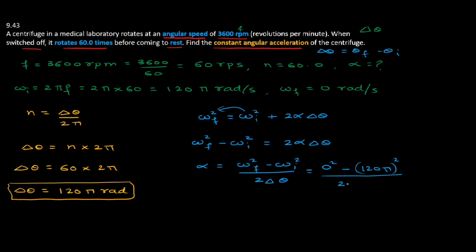Divide by 2 times delta theta, which is 2 times 120 pi. And when you solve this, you get the value of alpha as negative 188.496 radian per second squared, which you can write as alpha equals negative 188.5 radian per second squared.